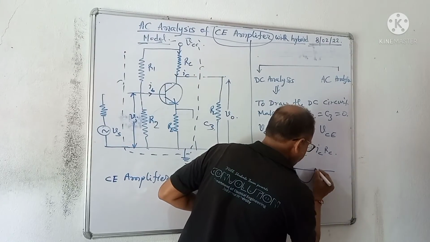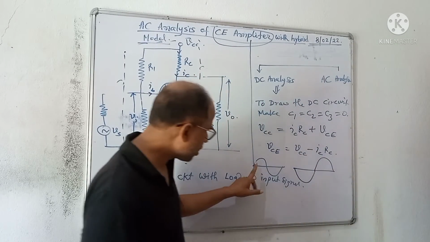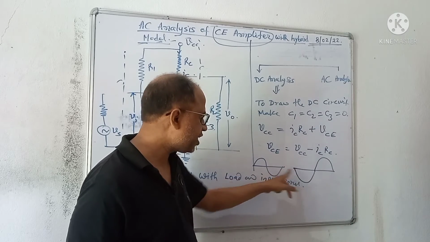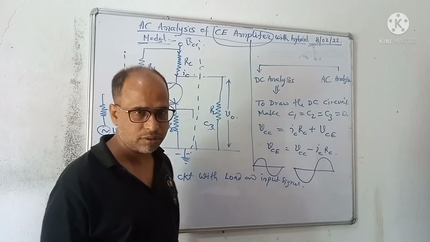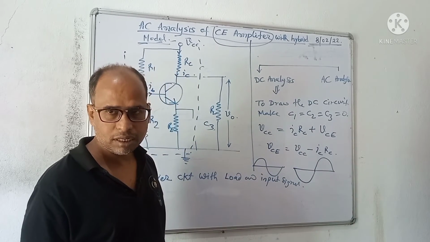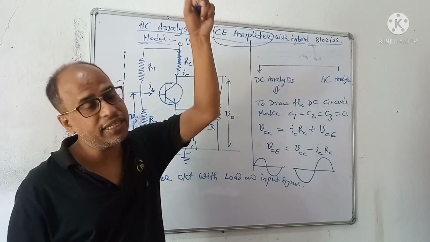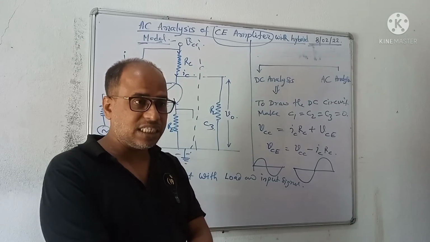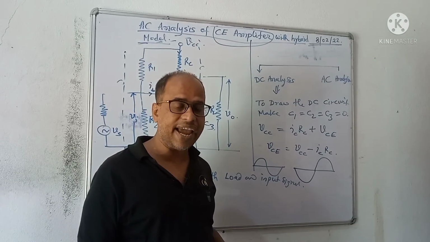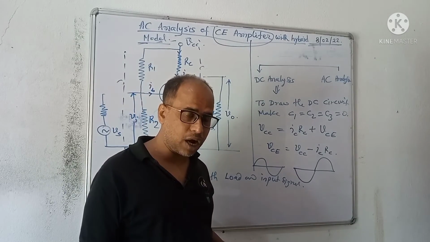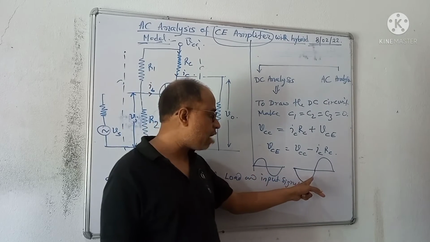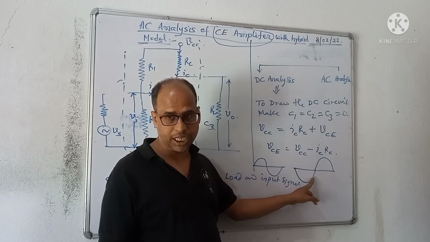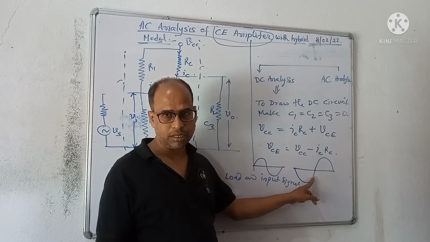Hence, you see, there is a 180 degree phase difference. That's why in the hybrid model analysis of the transistor, we got AI and AV negative, because the input and output are 180 degrees out of phase.